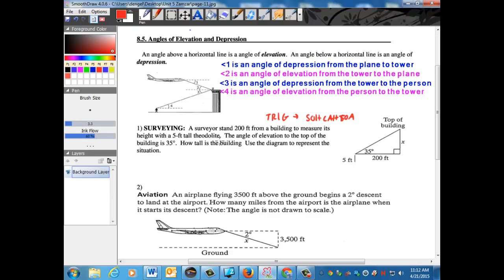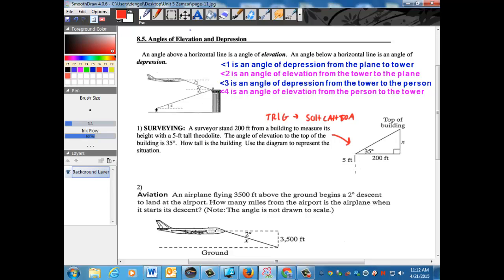Alright, so on problem 1, our notes were nice enough to draw a picture for you. We have a surveyor standing 200 feet away. So here's our right triangle. Just like when we measured our flagpole, we're going to say that we're up 5 feet.